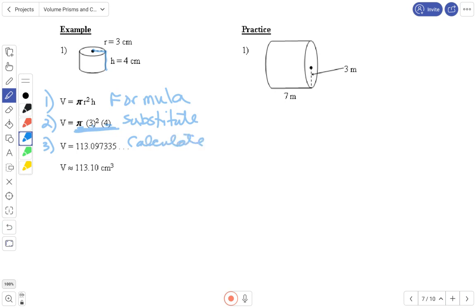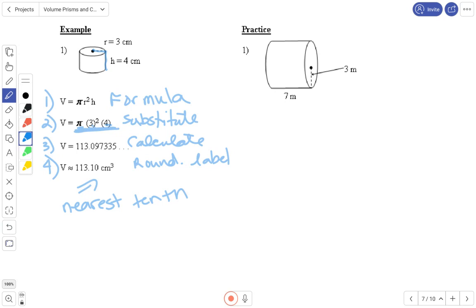And the last step is rounding and label. Now sometimes you are going to be asked to round your answer. Sometimes you're going to be asked to leave it in terms of pi. So this particular example, we are going to say we rounded to the nearest tenth.